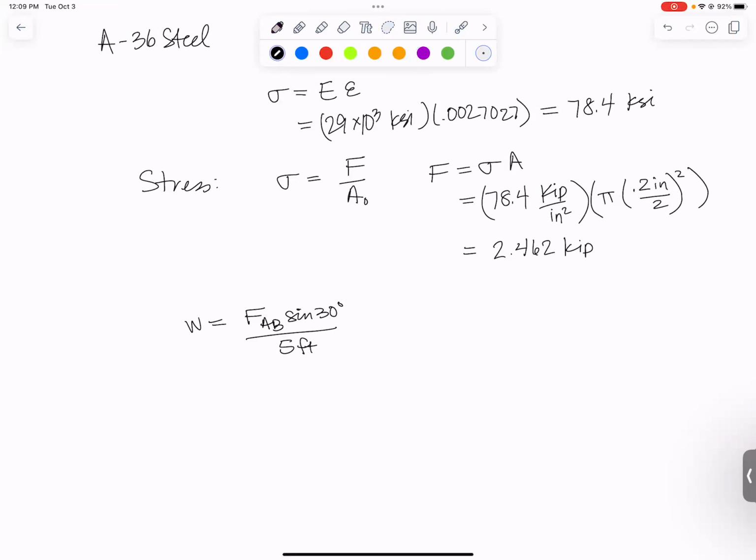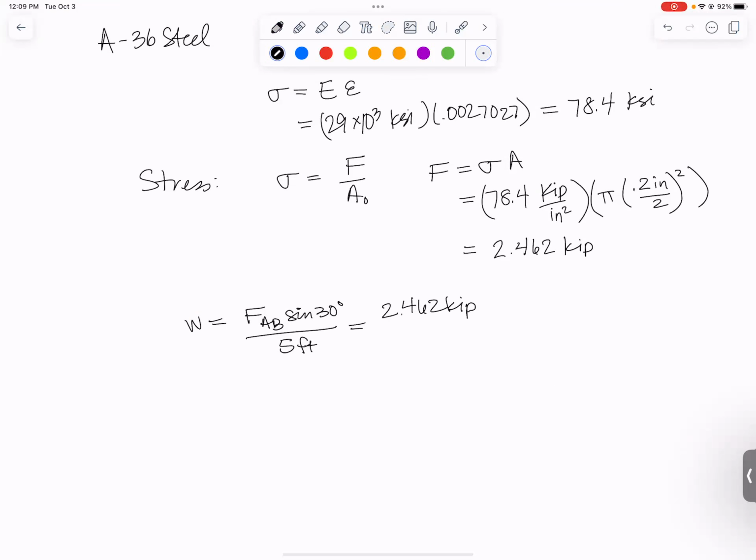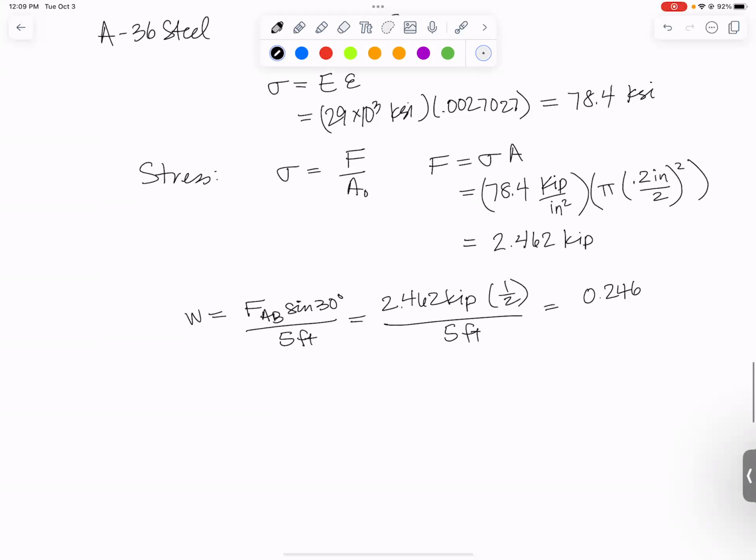And it tells us if we know that force, 2.462 kips, multiply by sine of 30, which is 1/2, and we divide it by 5 feet, we end up getting 0.246, we'll round it to 3 sig figs at this point, kips per foot, which are the right units for a distributed loading. And we have solved the problem.